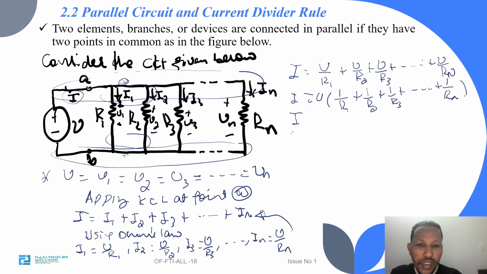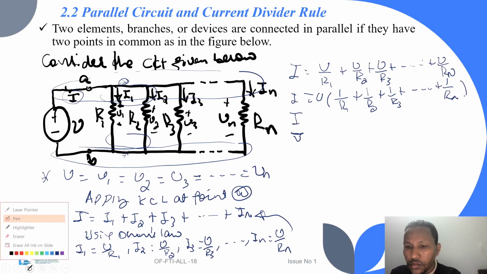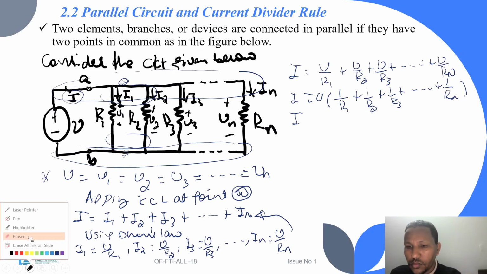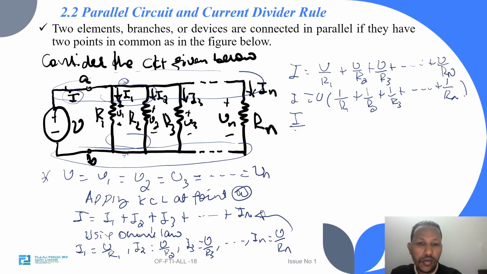So I over V equals 1 over R1 plus 1 over R2 plus 1 over R3 plus 1 over Rn.